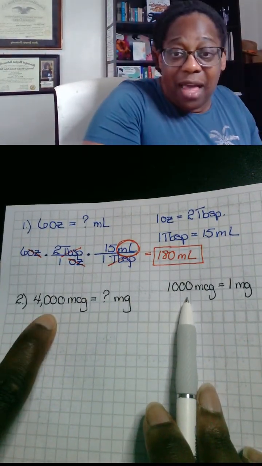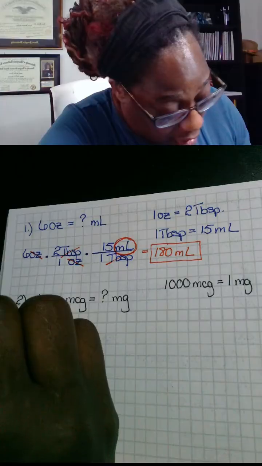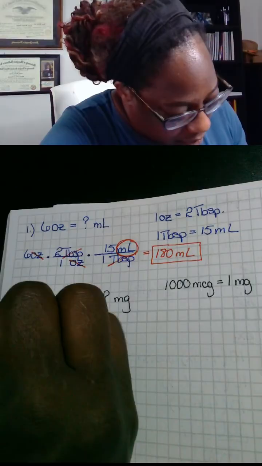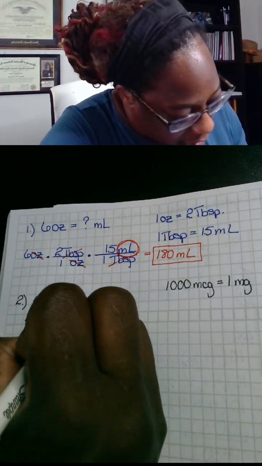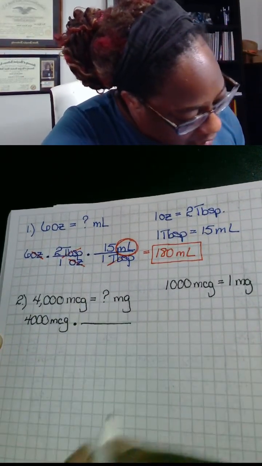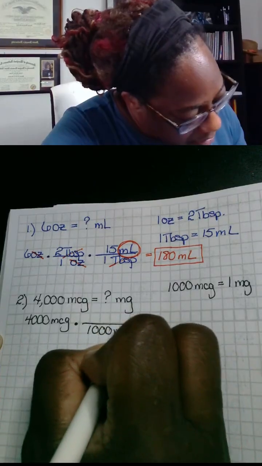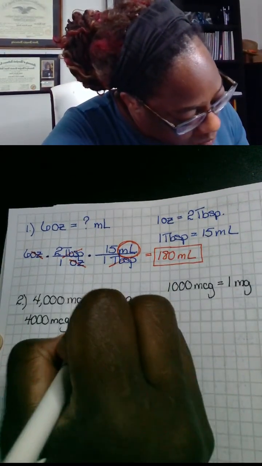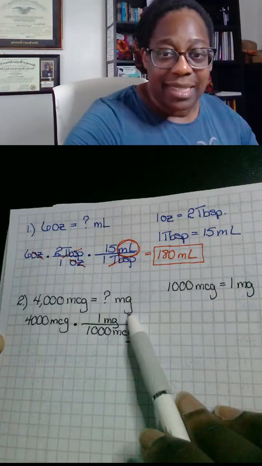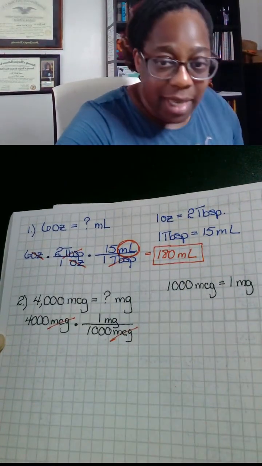So since we're basically going from one to the other, take a look. If we have 4,000 micrograms, and we know that 1,000 micrograms is 1 milligram, and we're trying to get to milligrams, the micrograms will cancel out.